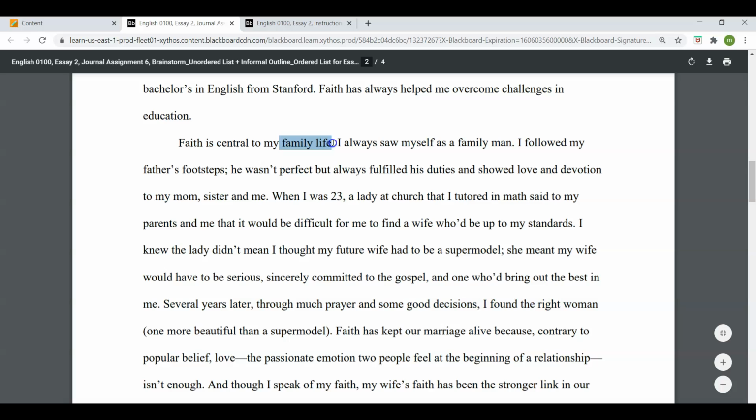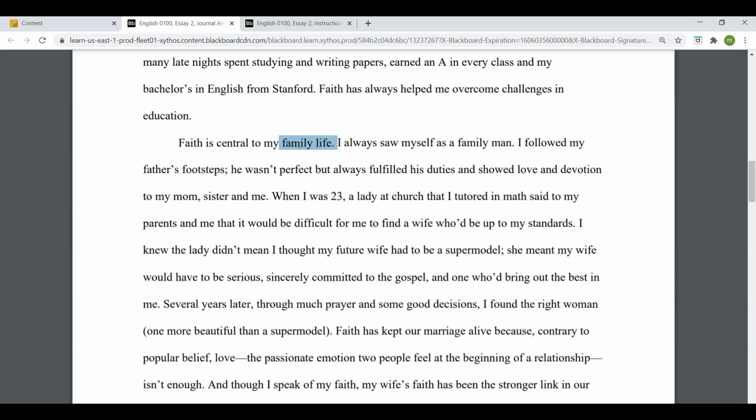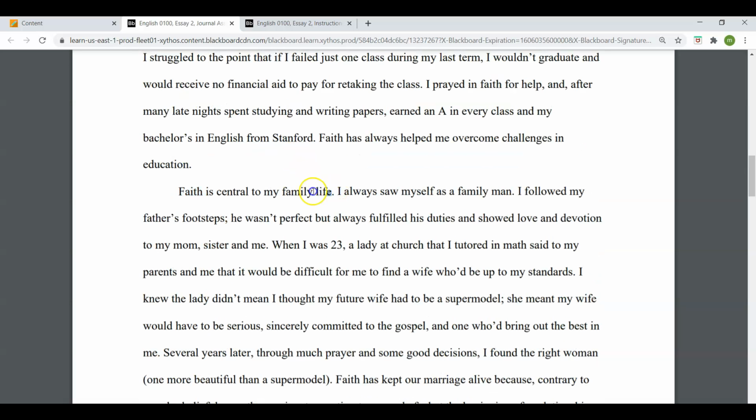In the next one, faith is central to my family life. So in the way I do things in my family, the way I say things, do things, etc., someone who knows me or who observes me can see it, or I'm telling you because I'm showing you some details. You're observing me through what I told you about myself in my paragraph. You can see that faith is part of my family life, okay? And notice how short the sentence is. Now, a sentence doesn't have to be this short. It can be longer, right?